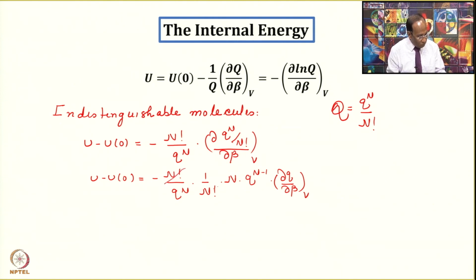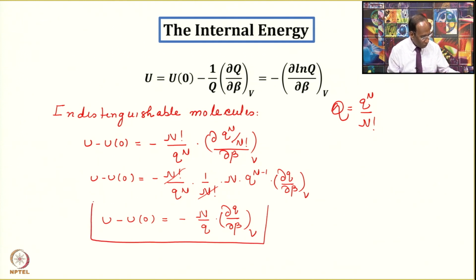N factorial cancels, and what I will have now is U minus U0 equal to minus N by q into del q del beta at constant volume, because q raised to the power N minus 1 is q raised to the power N divided by q. So q to the N will get cancelled, and I will have minus N by q del q del beta at constant volume.